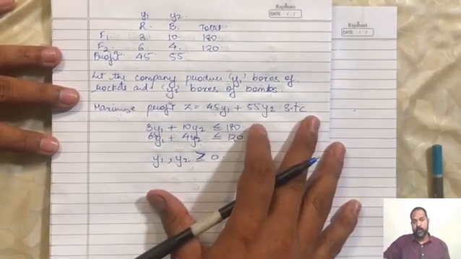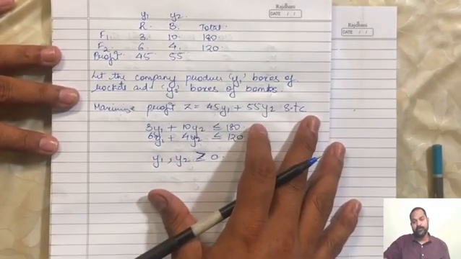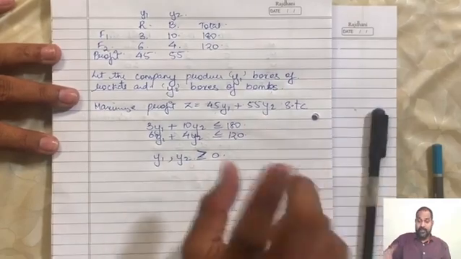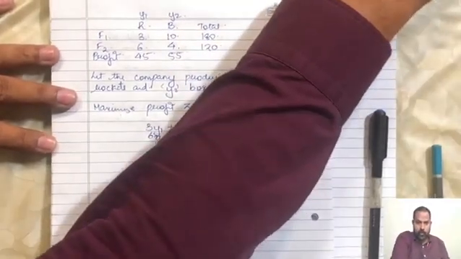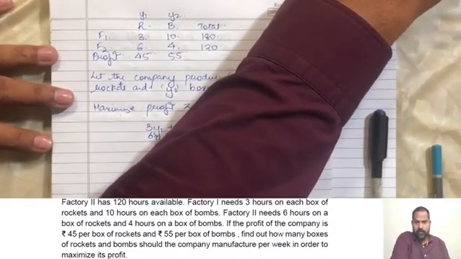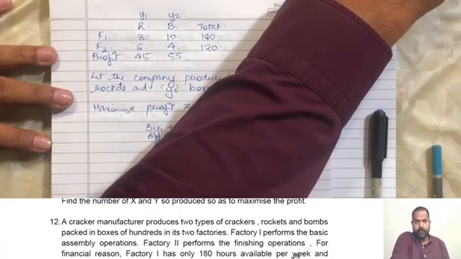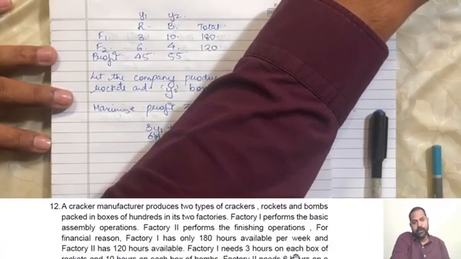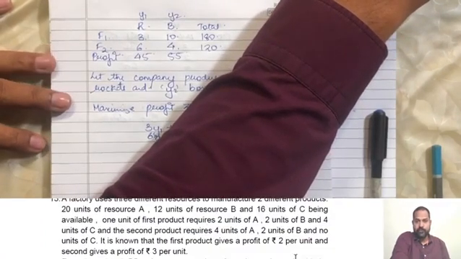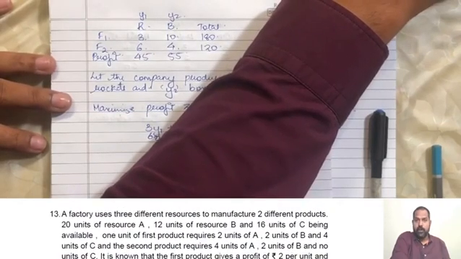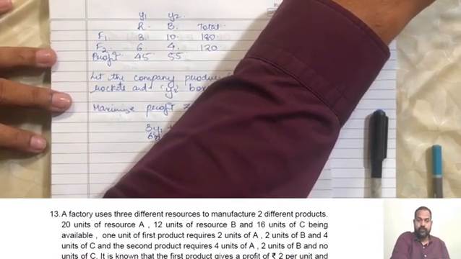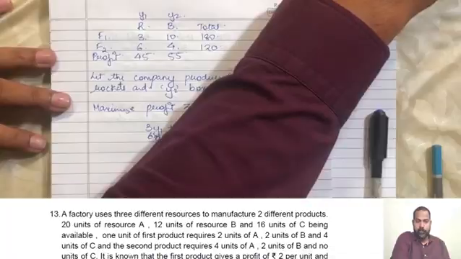This is what they expect out of you in a formulation. That is question number 12. Correct? Let's move on to the next question. Question number 13. Or let me do it like a full page thing.